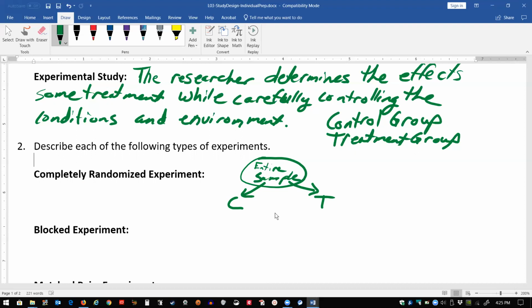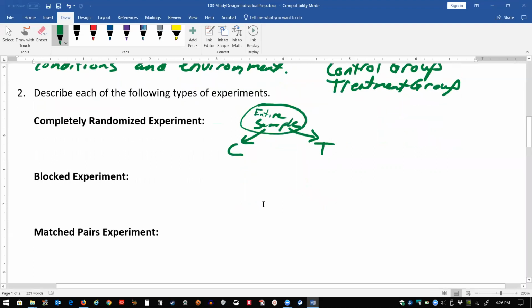Okay. Again, randomized is best. You want to minimize bias in this selection. You don't want to choose just all the smart people for the treatment group because they're going to perform better on the test anyway, right? So you don't want bias there, so you need to randomly assign these.